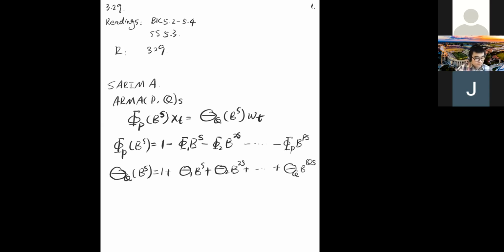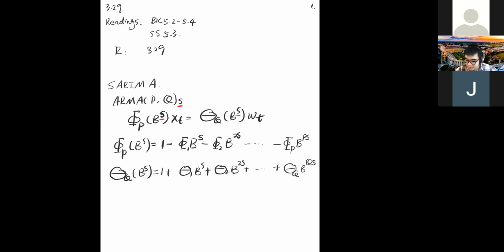So the difference between this seasonal model and the non-seasonal model is that we have this S here, and this S appears in the back shifters in both the AR part and the MA part.